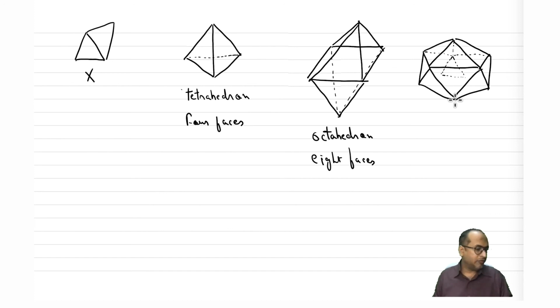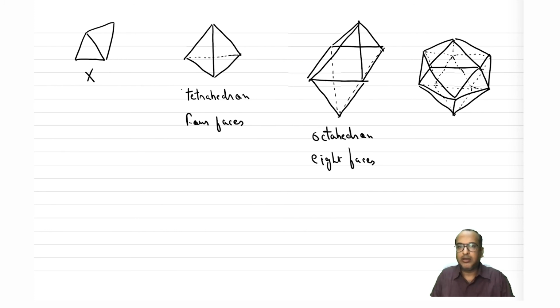One, two, three, and then you have 4 more, and this one will be meeting. Let's draw this a little bigger. So imagination is the key here. Now if you see, at each of these vertices there are 5 equilateral triangles which are meeting.